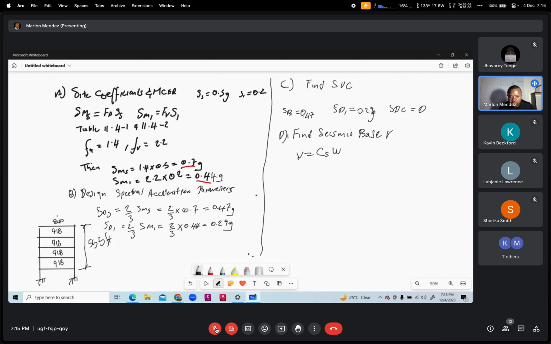All right, so now we want to find the seismic base shear.